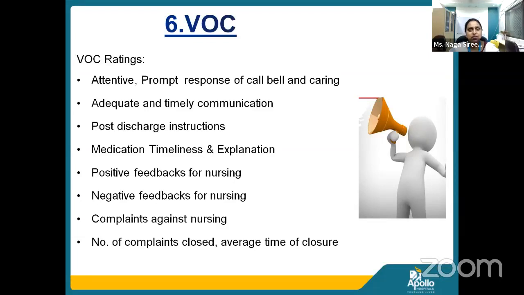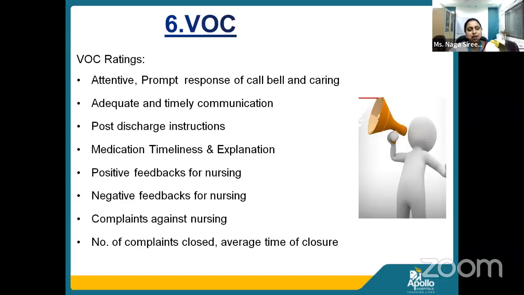I remember when we worked in CMC, when we went for community health postings, we gave very good education. After 2 or 3 days, when the patient was discharged, we would go to the home. Home education is very, very important, and we ensure that all these education parameters are fulfilled.